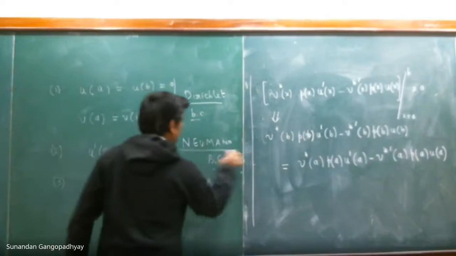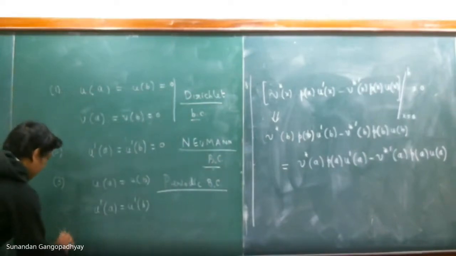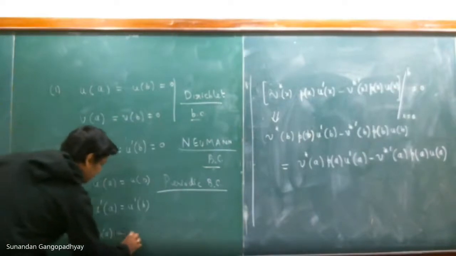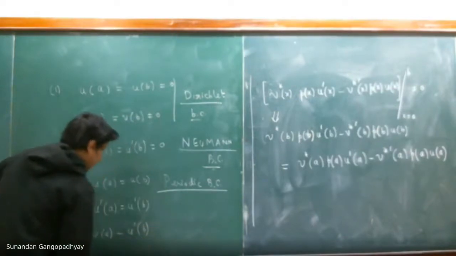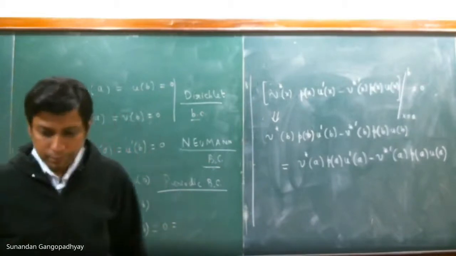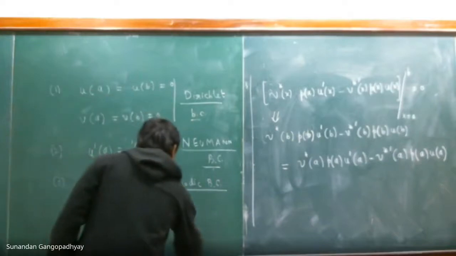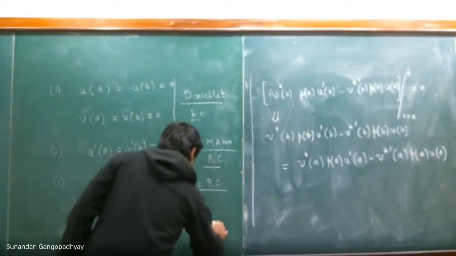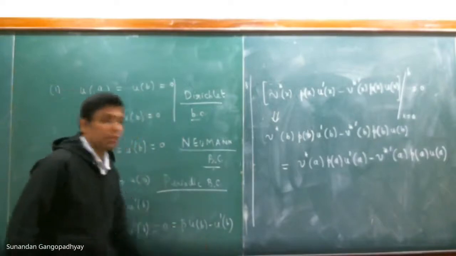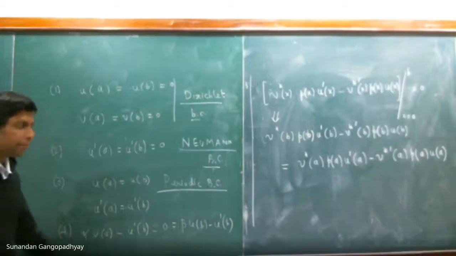And then you can have a fourth kind of boundary condition, which is alpha u(a) minus u prime a equal to beta u(b) minus u prime b, and similarly the same set for v's, and then this condition will also be satisfied.